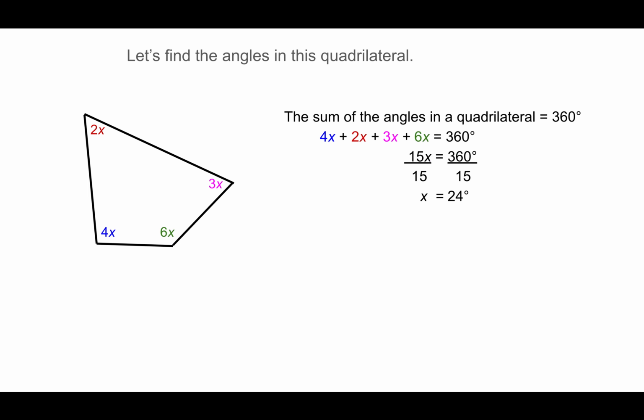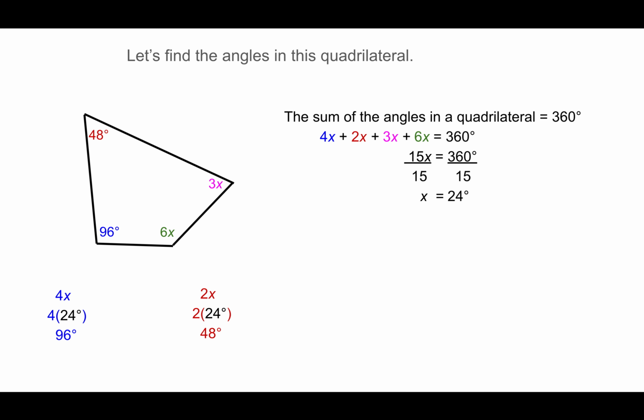Now we're going to replace each one of the x's with 24 degrees. Let's start with the blue angle, 4x. We replace the x with 24 degrees, so that means that the blue angle is 96 degrees. Now let's look at the red angle. Again, replace the x with 24 degrees, and the product of 2 and 24 is 48.